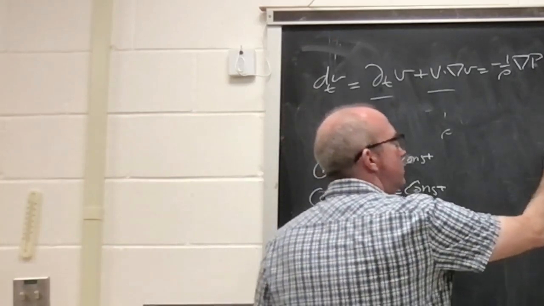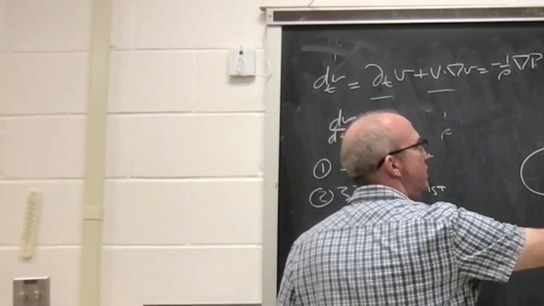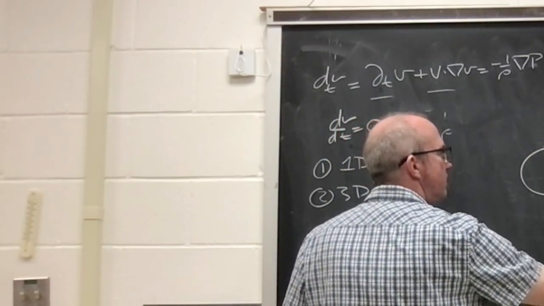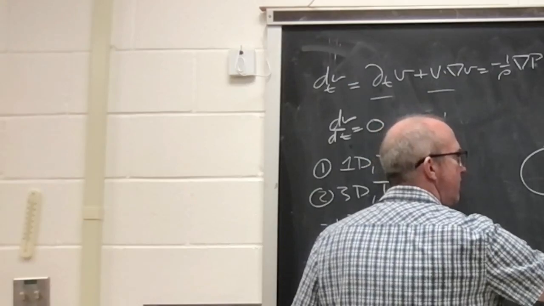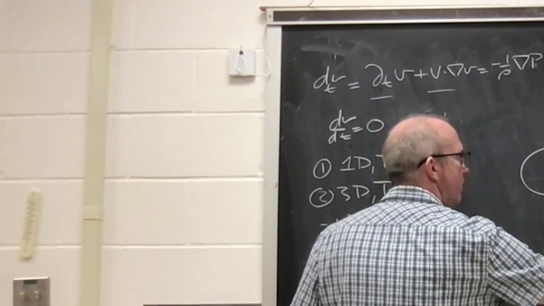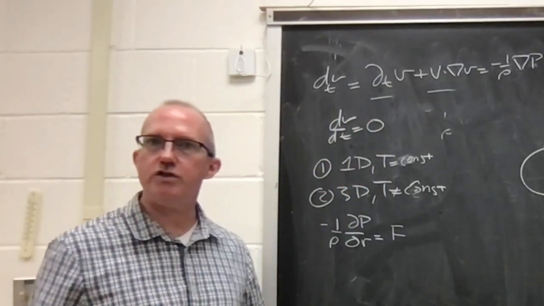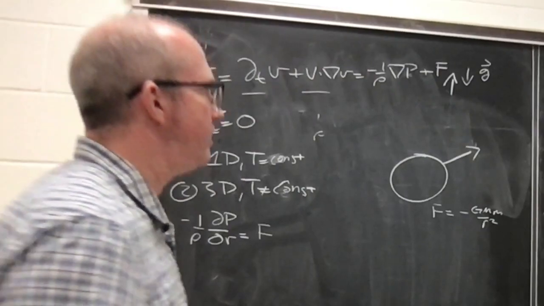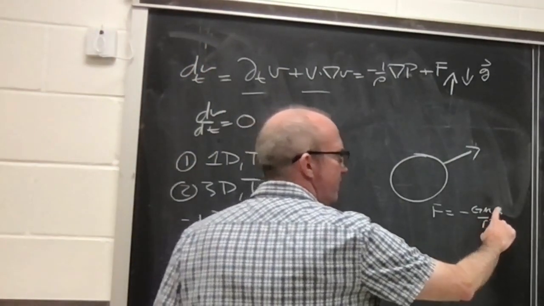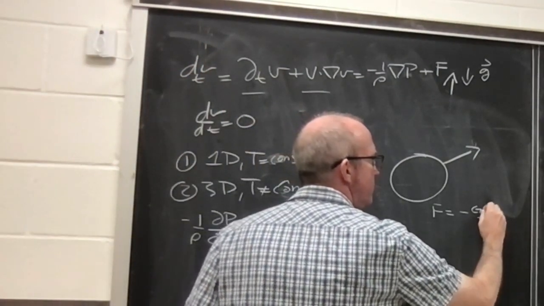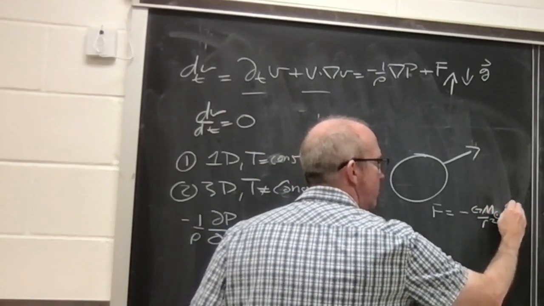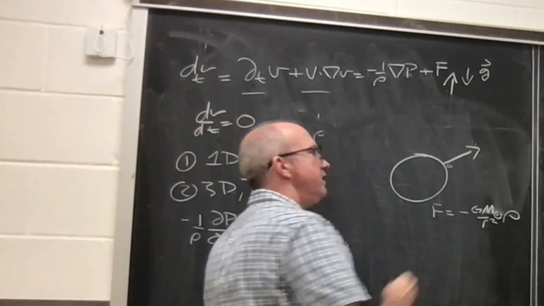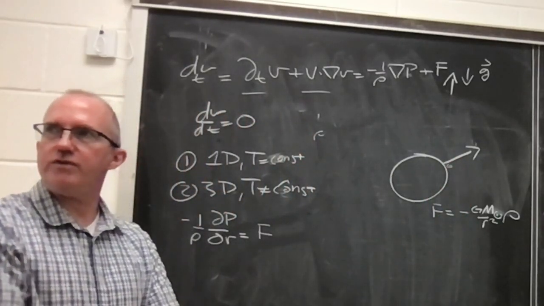If I have now a star with an atmosphere, then the force is equal to minus g m over r squared. That's just Newton. Apologize again about the movie. But this is for discrete things, so we're going to change this up, and this is going to be g m of the star times rho of the little parcel of fluid that is sitting at that spot and feeling gravity.